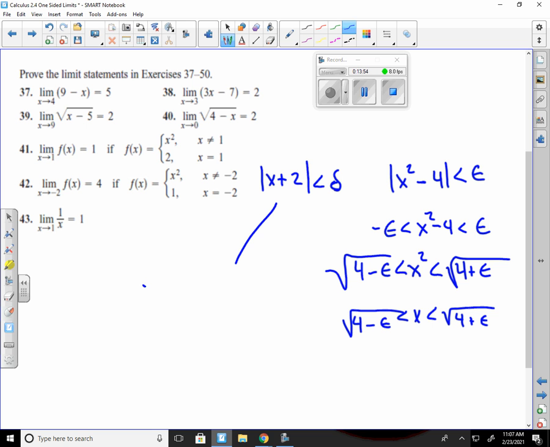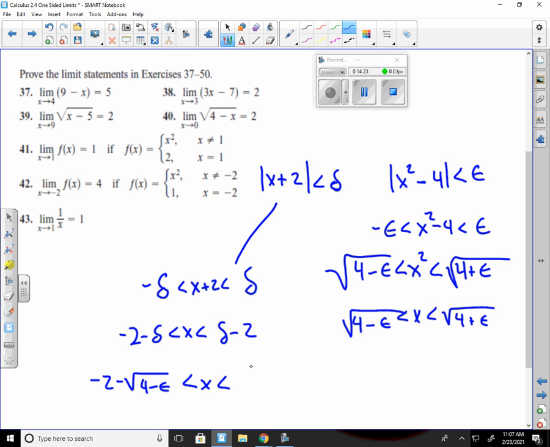Solve this one out. Negative delta is less than x plus 2, which is less than delta. Subtract the 2 over. Negative 2 minus delta is less than x is less than delta minus 2. Plug each of these in their corresponding spots. Negative 2 minus the square root of 4 minus epsilon is less than x is less than, I don't like the way I wrote this, just because I'm always going to put that negative 2 first.